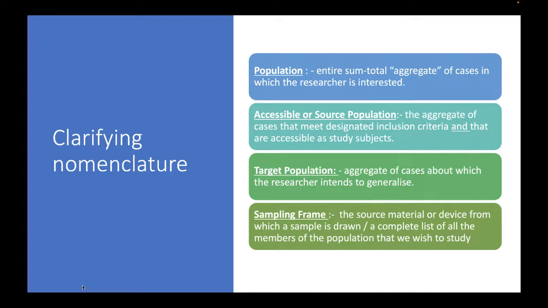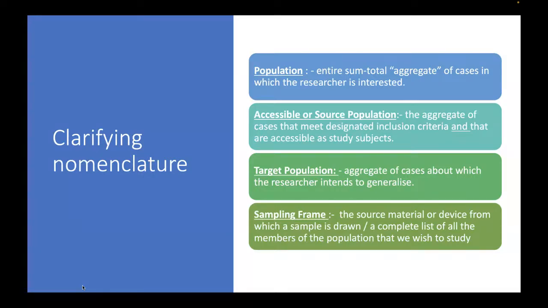So if you are interested in students, those students become the population, but if you're interested in students in the final year, then that group of people become what we call the target population, because it is the group that you're going to study, so you can draw generalizations.